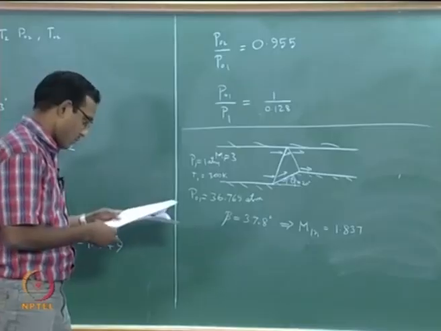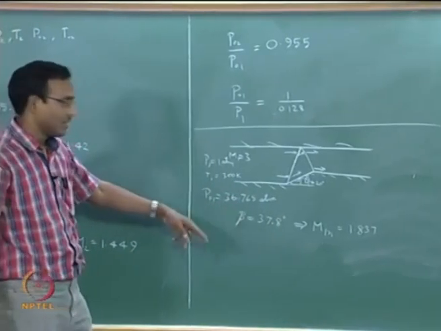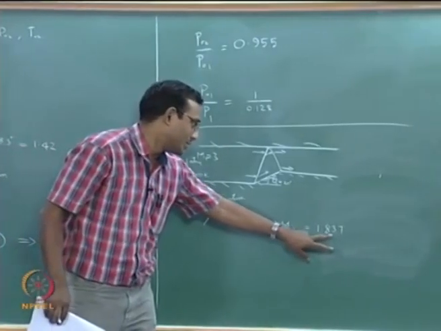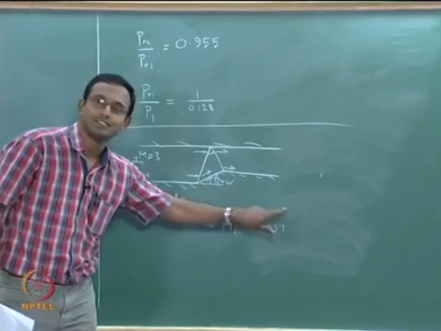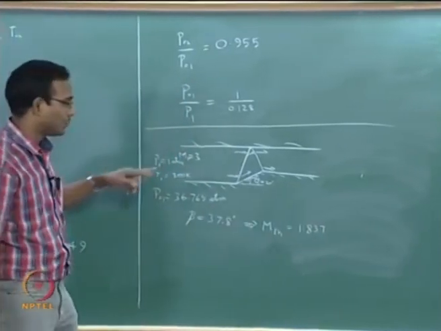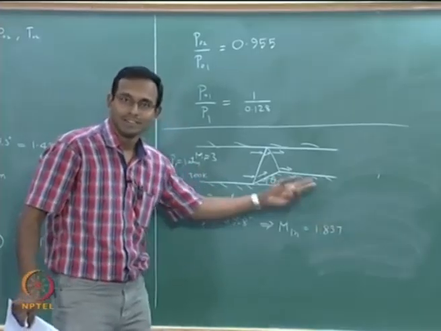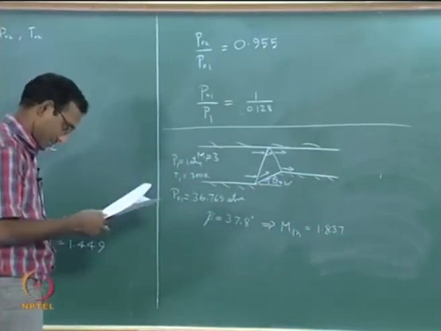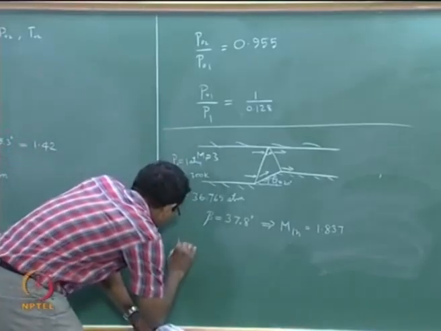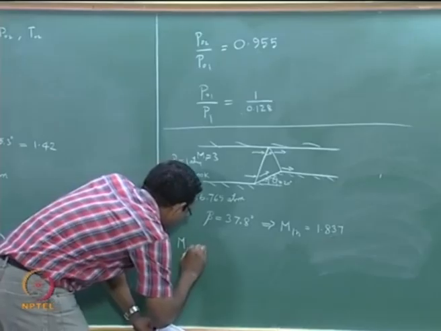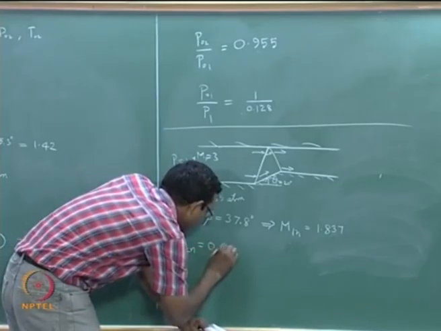Okay. Now, I have to start with normal shock tables, and I have only 2 decimal place accuracy. So, what I will do is interpolate for the 3rd decimal place accuracy between the 2 values. I have numbers for 1.83 and 1.84. I will interpolate 70% between these two. Okay. So, I am getting a whole set of numbers from normal shock tables. M2 normal is 0.608.